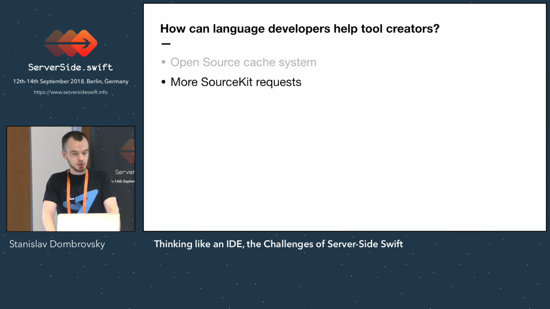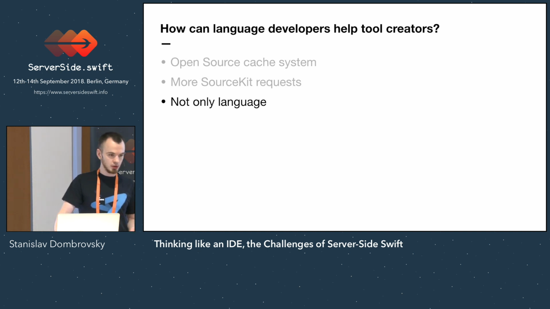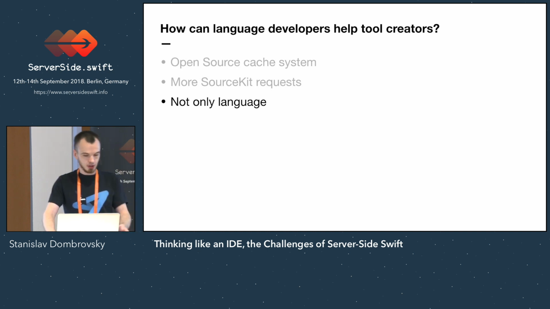It would be great to have more SourceKit requests open sourced, and not only in terms of the language, but also for some IDE actions, because, for example, in Xcode, actions like Open Quickly and views like the symbol navigator are also SourceKit requests, but they are not available in the open source part. So it would be great to move them here so everybody can use them.